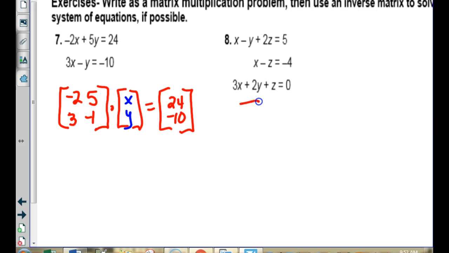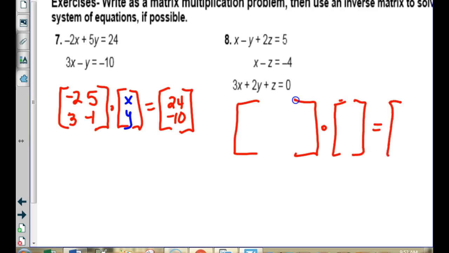What is 8 going to look like? I would give you this. Everybody good?